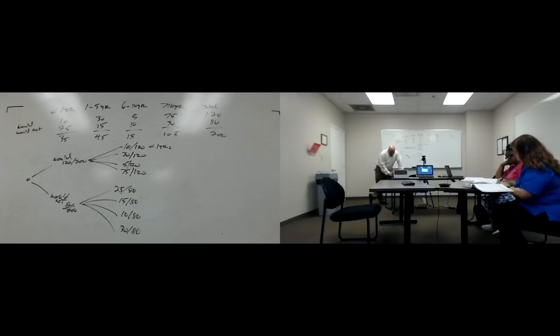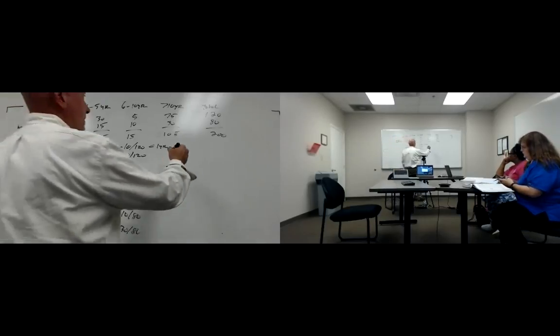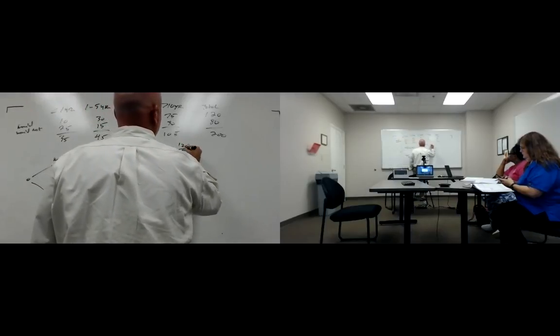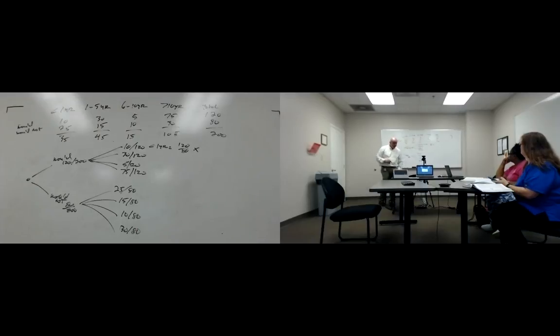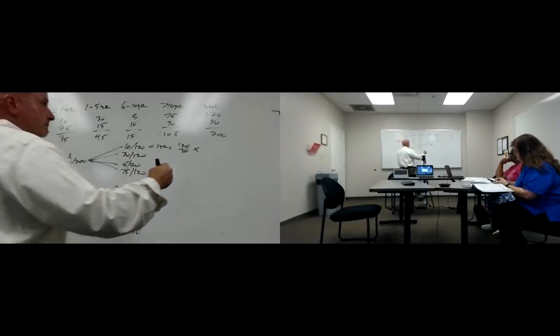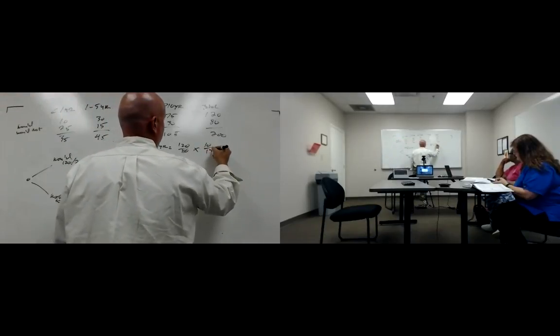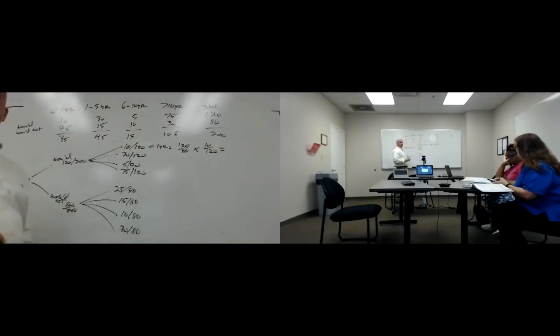Now, what's the probability that I would remain with less than 1 year? So let's use some multiplication rules. 120 over 200 multiplied by what? This is less than 1 year. So is this another part of our tree?